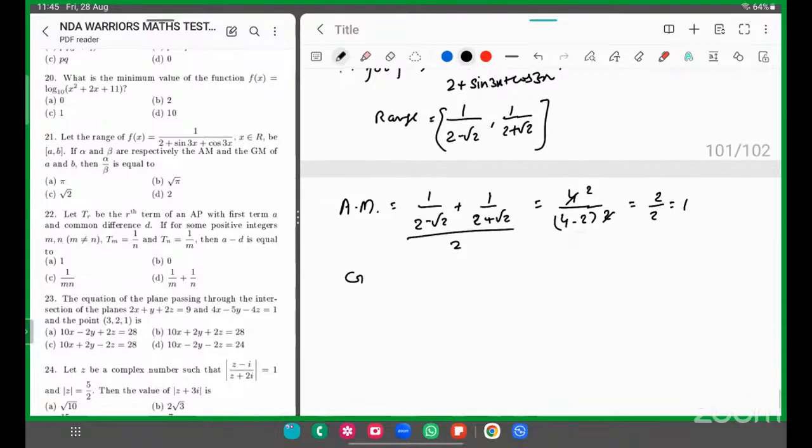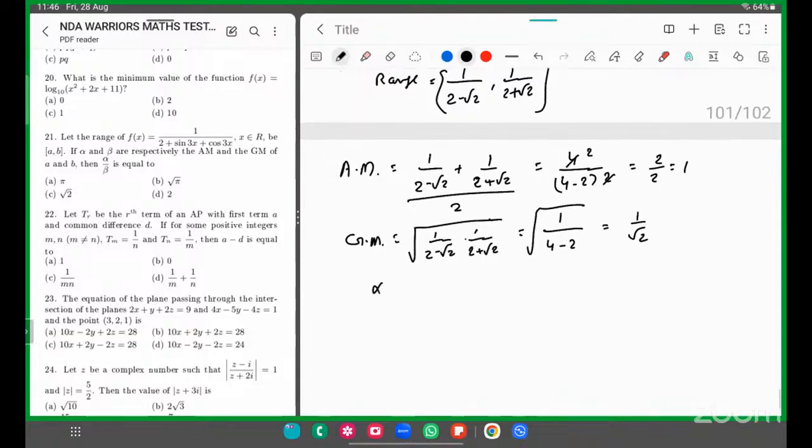Then geometric mean is under root a into b, that means under root of 1 upon 2 minus root 2 into 1 upon 2 plus root 2, that is equal to 1 upon root 2.